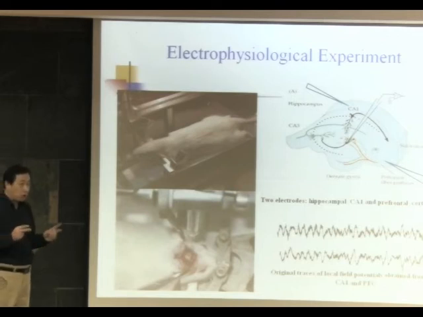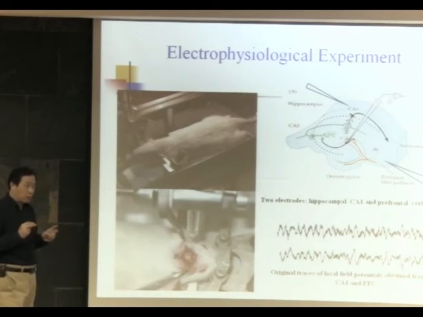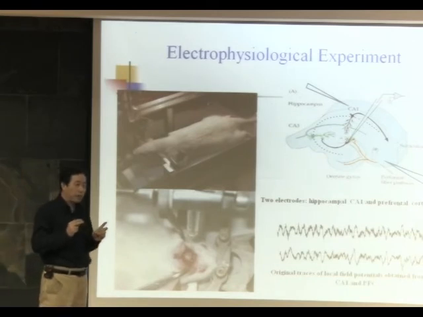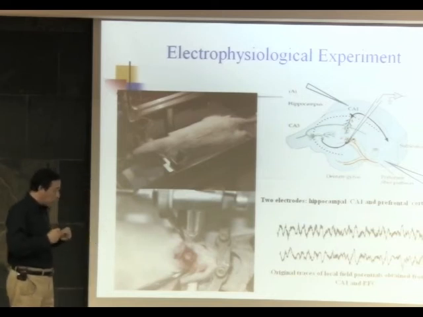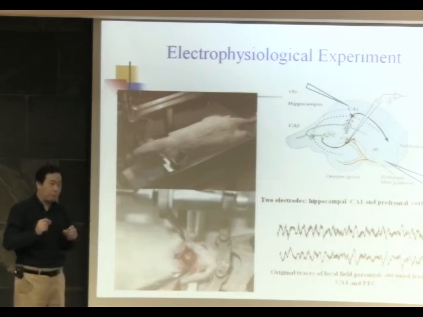There are two electrodes in our in vivo experiment. One electrode we call the stimulation electrode. Another is the recording electrode. Also, in our study, several neural pathways have been used.